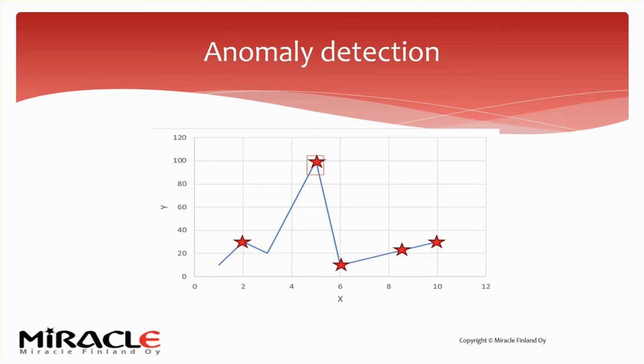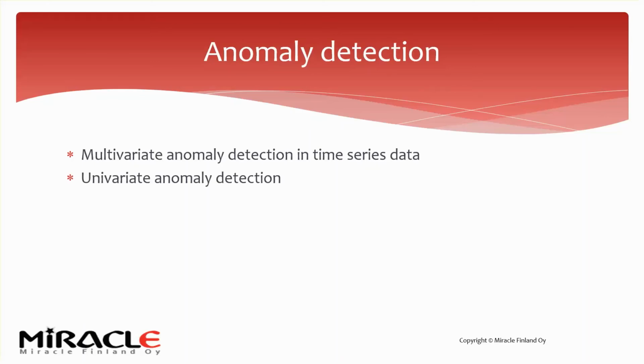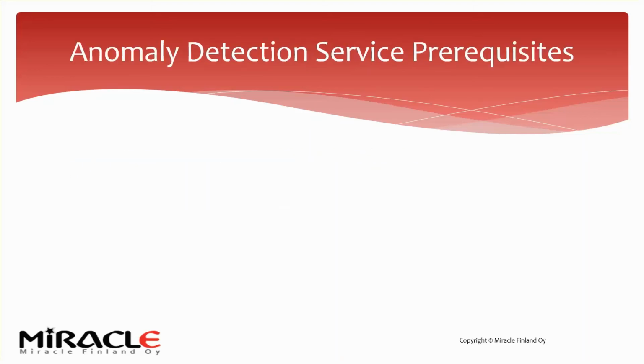And we should be able to detect this particular data point. Anomaly detection has multivariate anomaly detection in time series data, univariate anomaly detection, non-time series anomaly detection, so different kinds of anomaly detection.